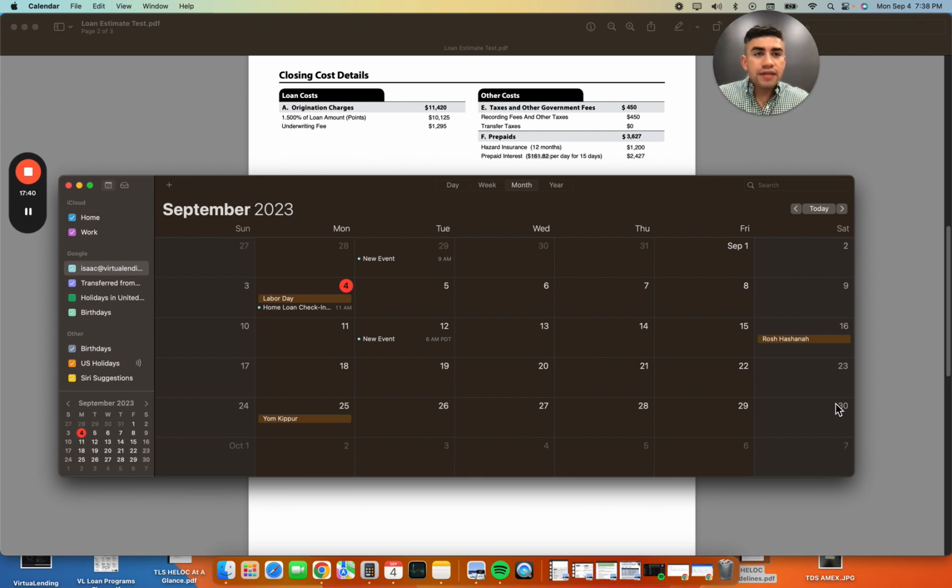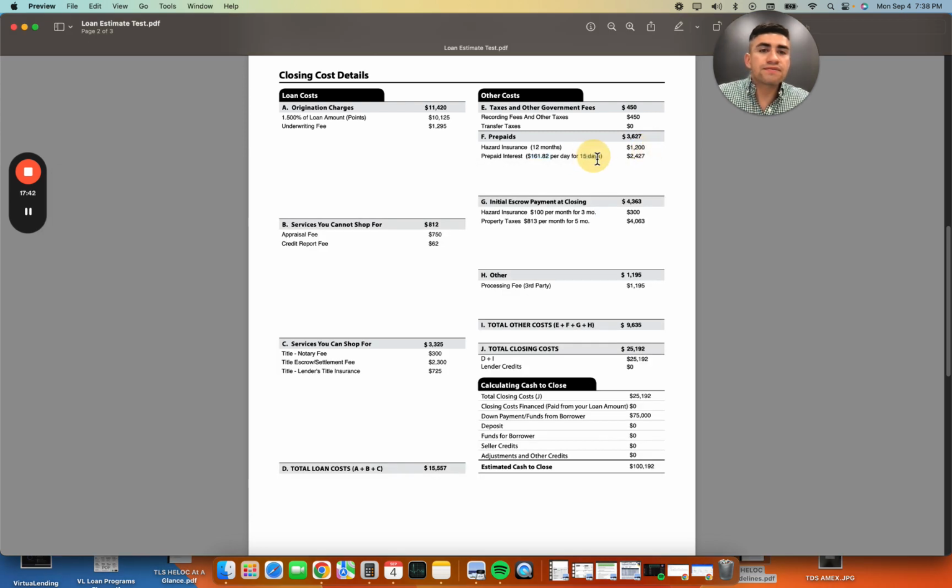That's going to be 15 days, right? So they're collecting 15 days worth of prepaid interest at a per diem rate of $161.82. $161.82 multiplied by 15 days equals $2,427. That's how they get that figure. It's just going to depend on when you close the loan. Okay, so that figure is subject to change as well.